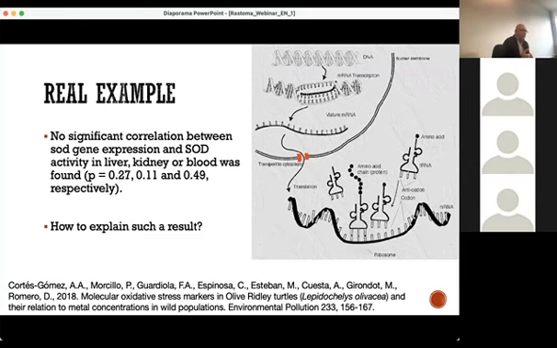So if she does not see something, perhaps it is because really there is no relationship, because the regulation can be very complicated, or perhaps because the number of animals tested was too low. So it was not embryos, it was adults, sorry. So you see that p-values give you some information, but are very complicated to clearly interpret.